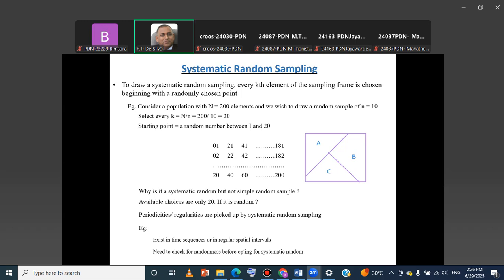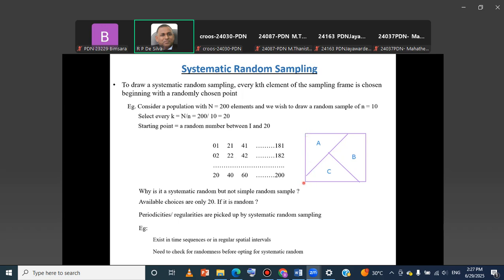I will explain now. Suppose you look at this hypothetical example. A is tea plantations, B is rubber plantation, C is, say, coconut plantations. Now, without surveying the entire area, suppose the length here is 10 kilometers and the width here is 10 kilometers.